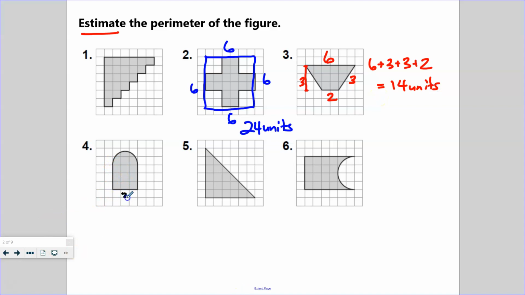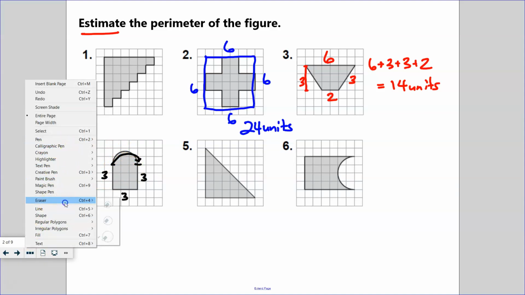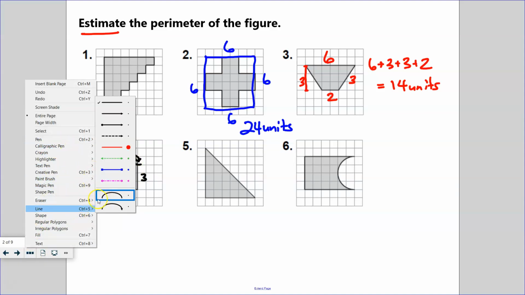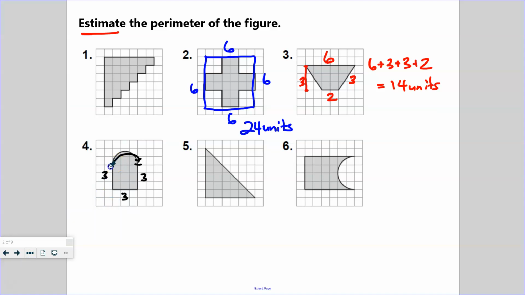So we say that this is 3, 3, 3, right? And then we're going to say, okay, well, from here to here, right? So what is the distance around that half circle, right? And so we can kind of look at this and say to ourselves, rid of that for a second.